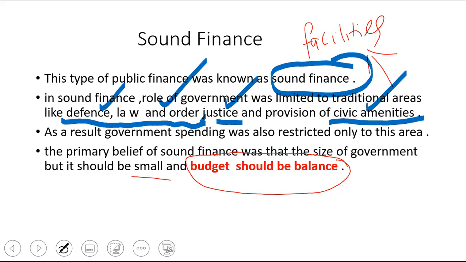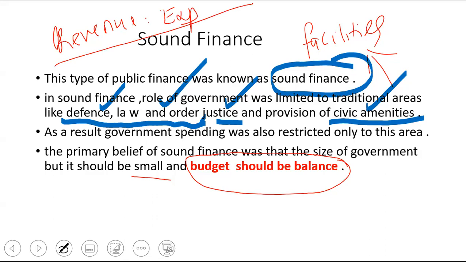Balanced budget means revenue is equal to expenditure. Underline that, put it in a box. Balanced budget: revenue is equal to expenditure.